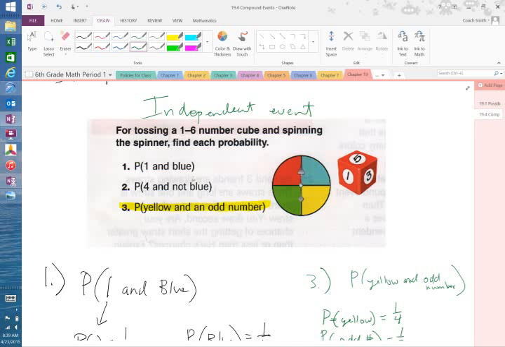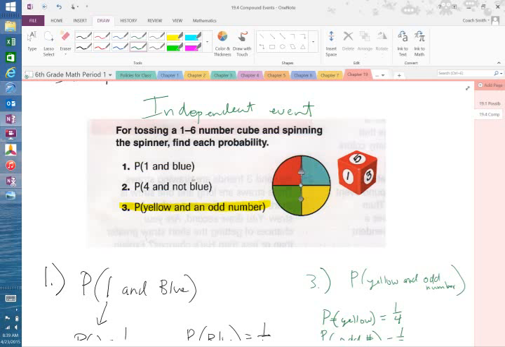Because we're assuming that when we picked it, that it was the blue one, and we're keeping it out. Whatever first card you pick, you're going to keep it out of the group, because it's a dependent event. They want the first thing to happen before the second thing happens. With the dice and the spinner, I can spin the spinner and not get what I want and still get the other probability.